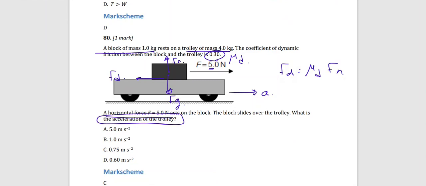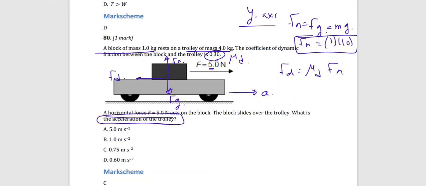Fn and Fg are equal, because I don't have motion in the vertical direction, so this equals mass times free fall acceleration. The mass of the block is 1 times 10, so Fn is 10 Newton. So Fd will be the coefficient of dynamic friction, 0.3, times 10. This will be 3 Newton.